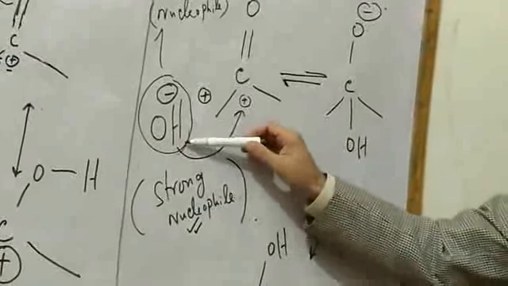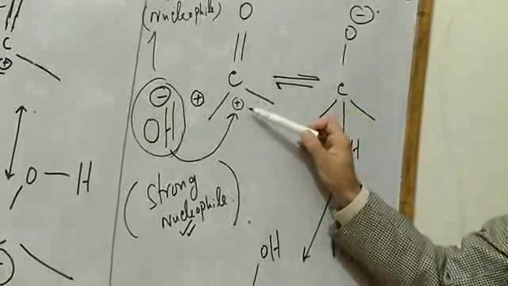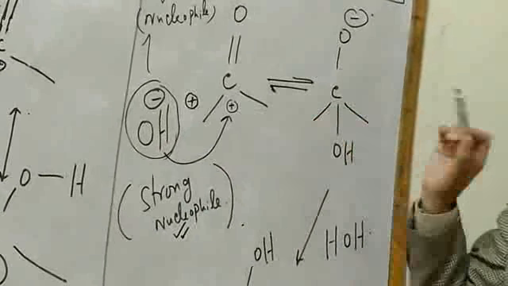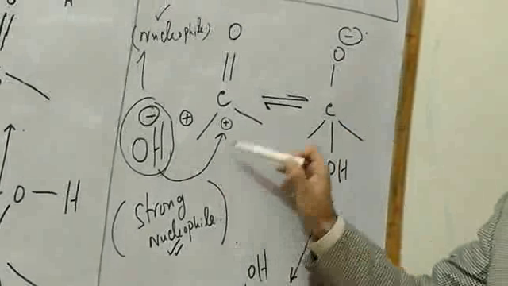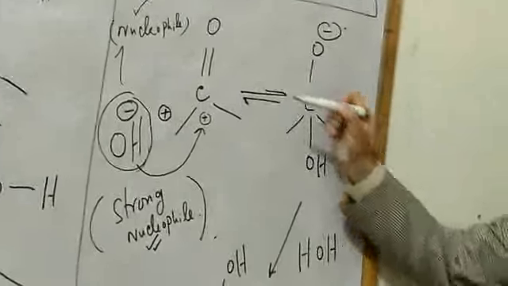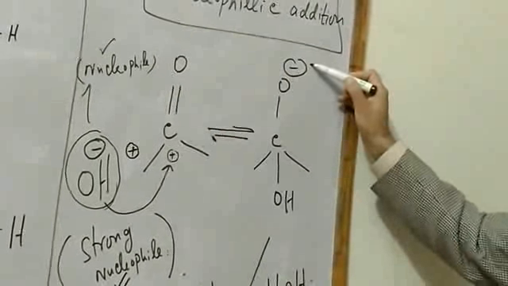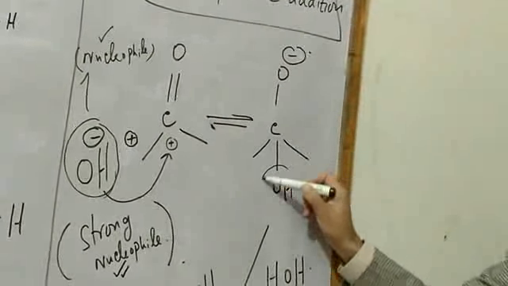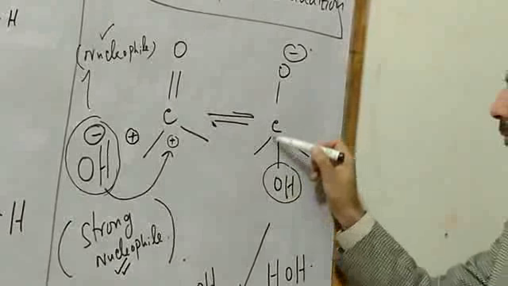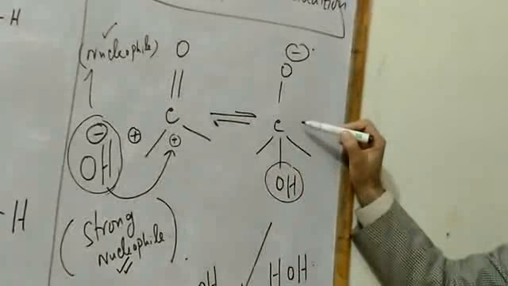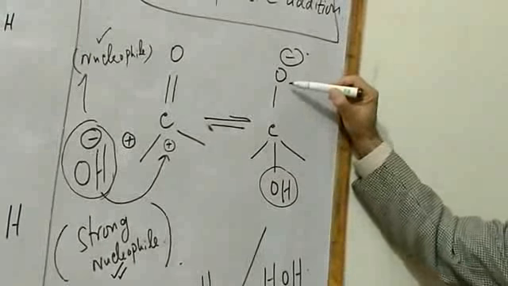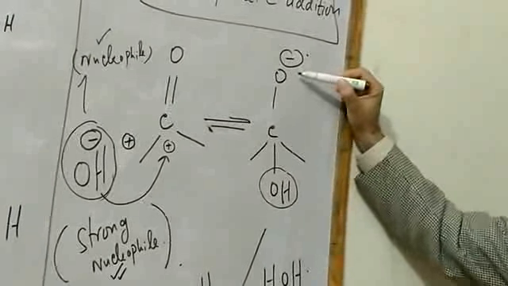Therefore, it is possible for this strong nucleophile to attack this slight positive charge. When this strong nucleophile attacks this positive charge, the pi electrons will be shifted toward oxygen, with the result that the nucleophile will become permanently attached to the carbonyl carbon, and the negative charge will be shifted toward oxygen.